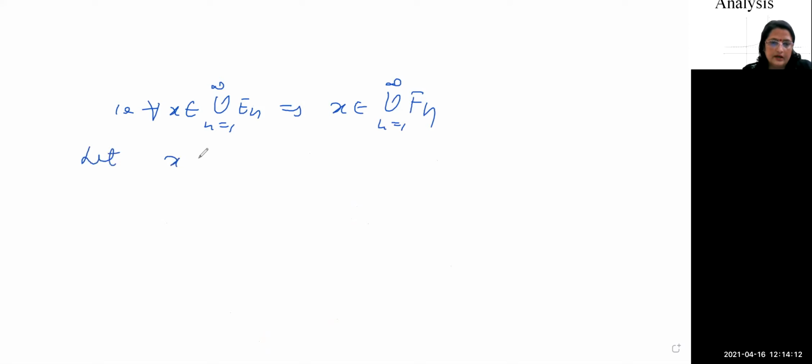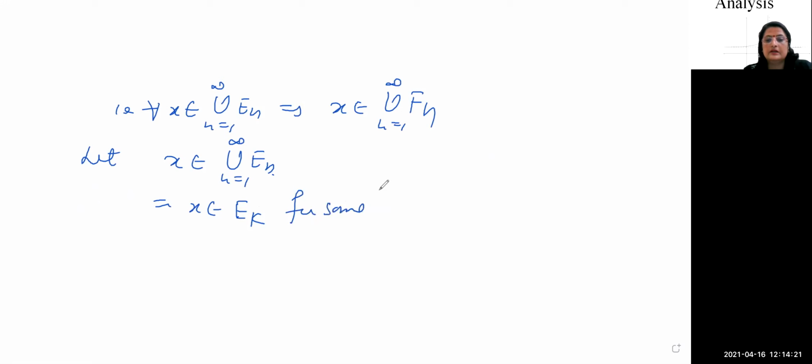So let x belong to the union. Union में आ रहा है पॉइंट, इसका मतलब किसी एक में आएगा. For at least some k, x belongs to Ek.